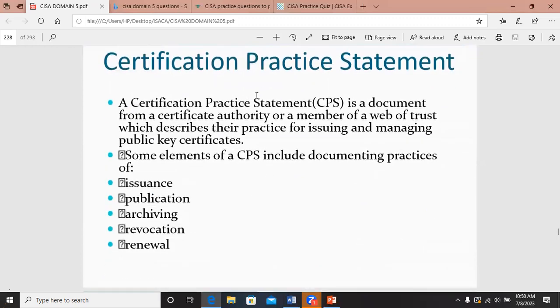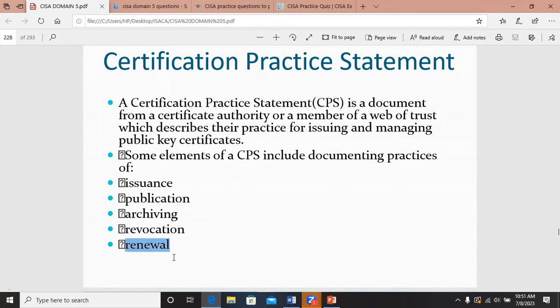Then we have what we call a certification practice statement. What is that? It simply tells the user the rules and policies that the certificate authority uses in issuing, publishing, archiving, and sometimes revoking certificates. They can revoke it if they discover that your business has changed along the line, which is possible. They can revoke your certificate because it's their name. And I've talked about renewal.